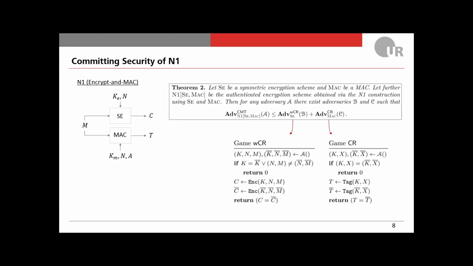And in the corresponding security game, the adversary is asked to output two tuples with different keys, but same nonce and message, such that both encrypt to the same ciphertext. And for the MAC, we just need a standard form of collision resistance. So with such a result, it's natural to ask if there are any schemes that fulfill these notions. And in our paper, we prove that for the sponge-based scheme SLAY, the underlying components of it fulfill these notions.